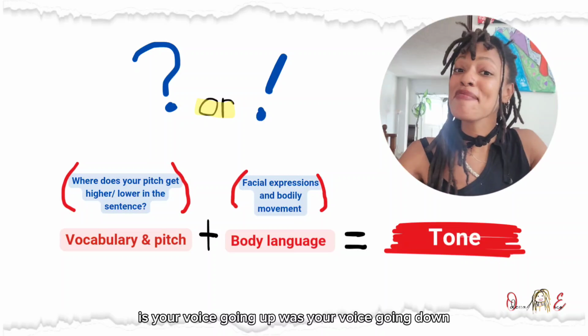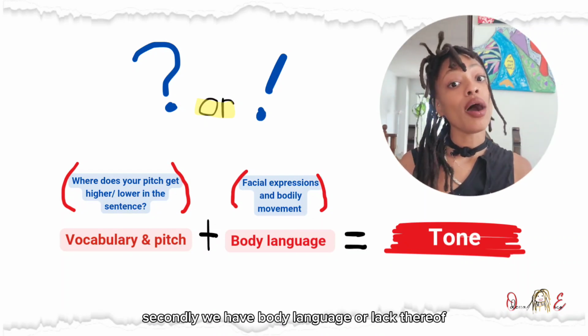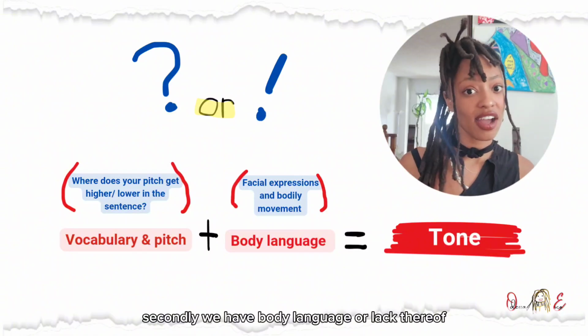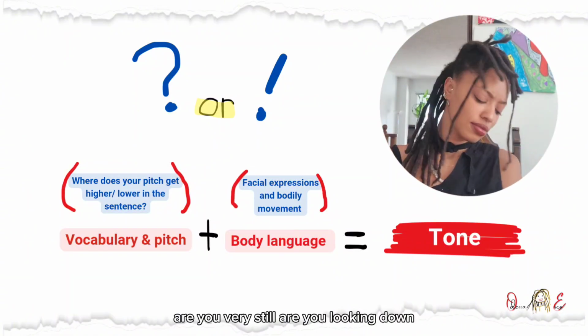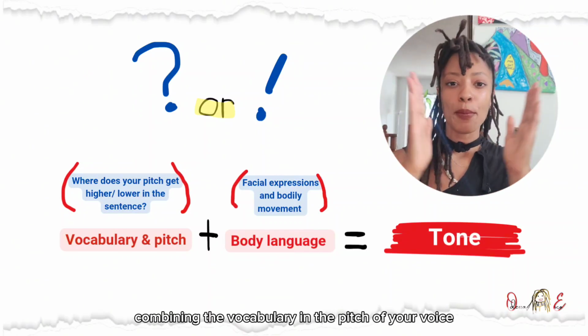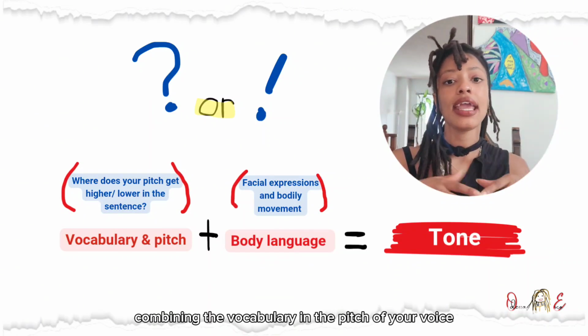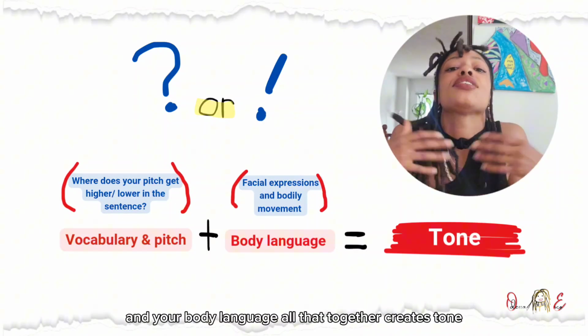Is your voice going up or is your voice going down? Secondly, we have body language or lack thereof. So are you moving your hands around? Are you very still? Are you looking down? Are you kind of covering your face? Combining the vocabulary and the pitch of your voice and your body language, all that together creates tone.